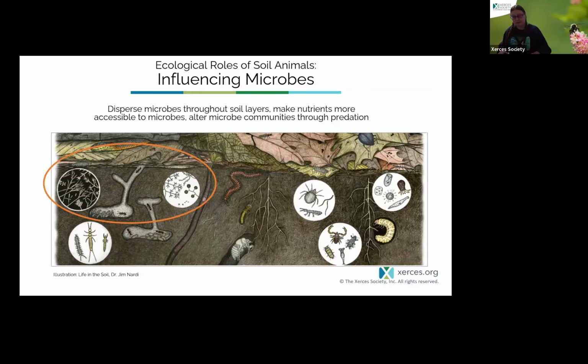Invertebrate functional diversity can lead to increased microbial diversity. And this is really important. Soil invertebrates can also influence microbial communities by moving soil, these soil engineers, like I said before, mixing the nutrients within the soil. And this is what's contributing to soil formation and good organic matter.